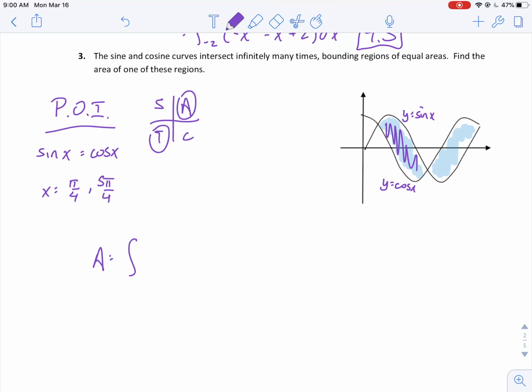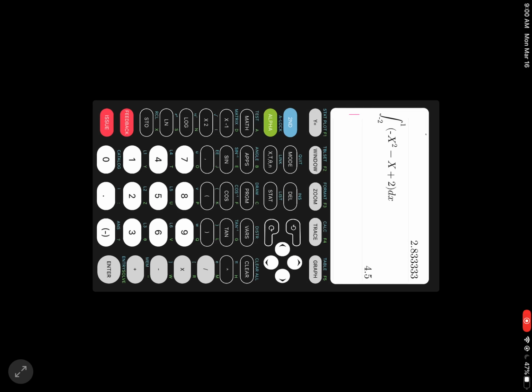So my answer is the integral from pi over 4 to 5 pi over 4 of sine of x minus cosine of x dx. And let me evaluate this. The integral of pi over 4 to 5 pi over 4 of sine of x, close my parenthesis, minus the cosine of x.